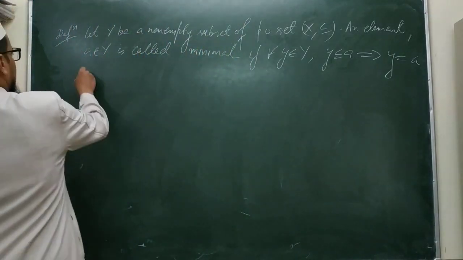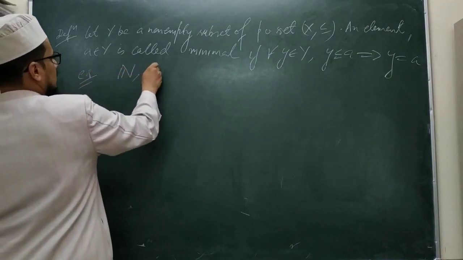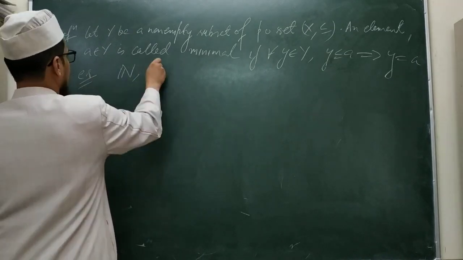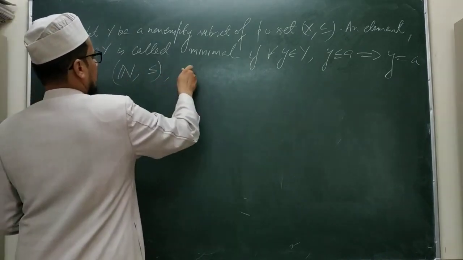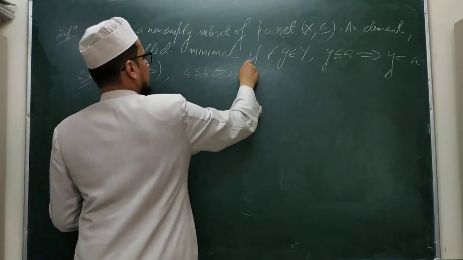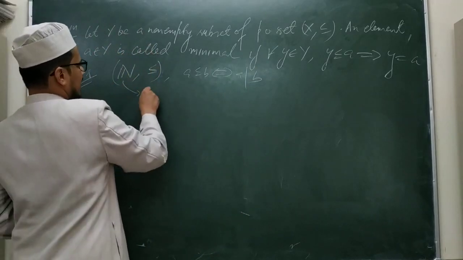So what is the example? First you consider the set of natural numbers and define a less than or equal to b such that a divides b. You know well this is a partial ordered set.